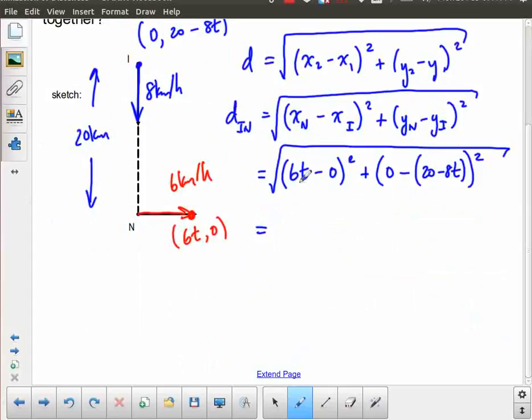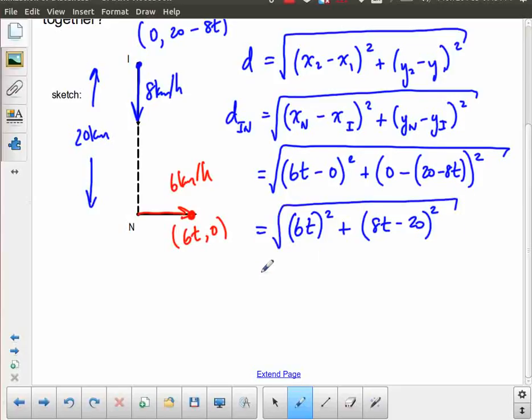And now we can simplify. 6t all squared plus, now this is 0 minus this thing, but minus this thing is just reversing the order. 20 minus 8t becomes 8t minus 20 all squared, square rooted.